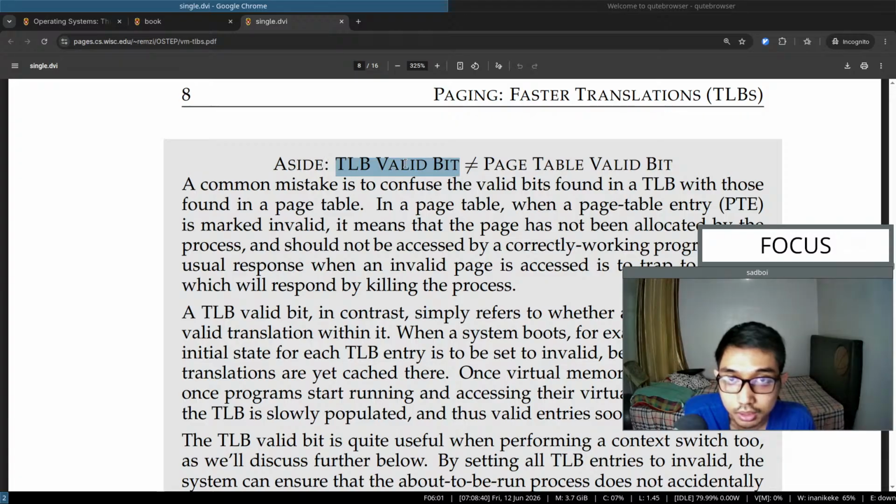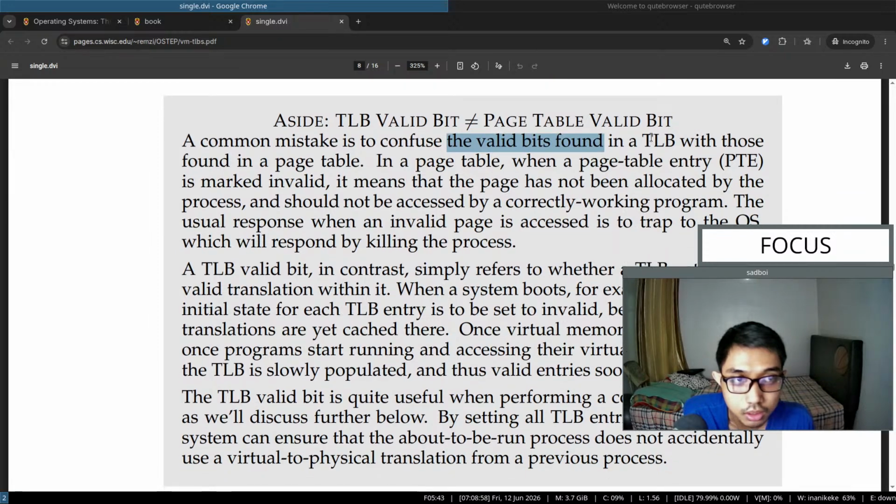Wait, let me read this. The translation lookaside buffer valid bit is not equal to the page table valid bit. A common mistake is to confuse the valid bits found in a translation lookaside buffer with those found in a page table. Okay.